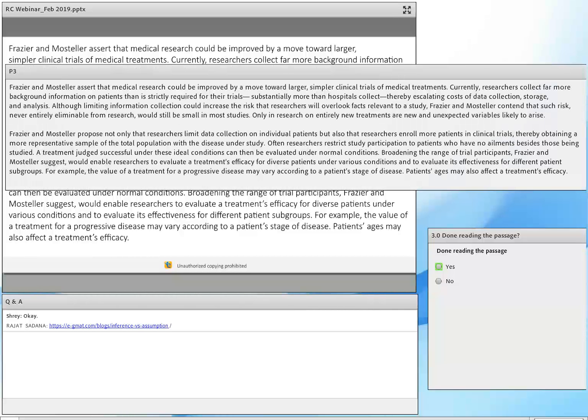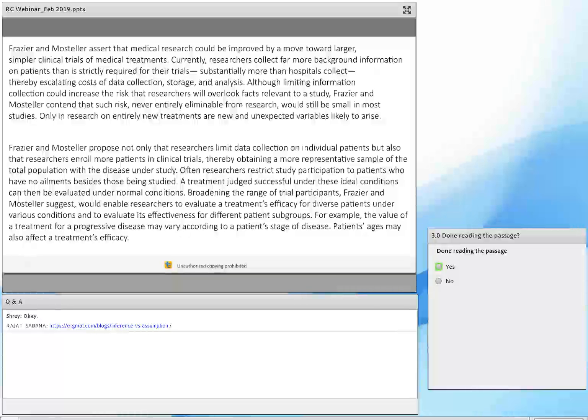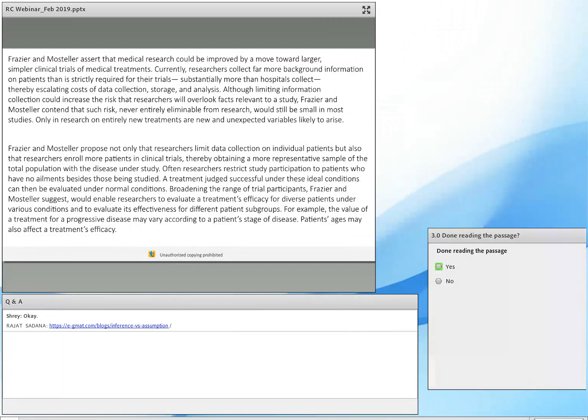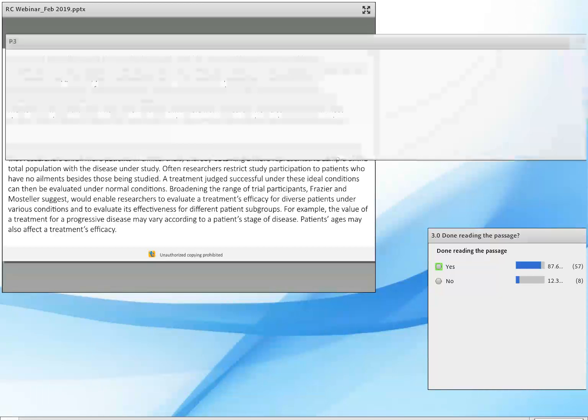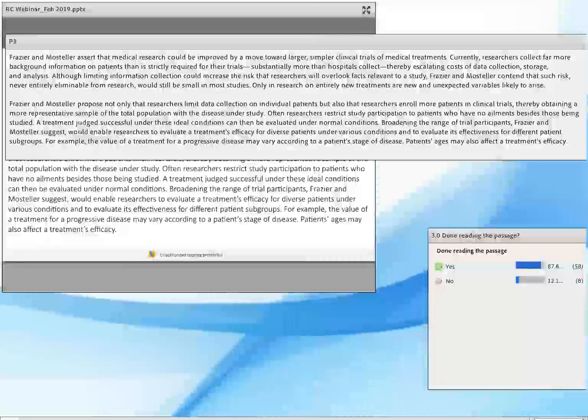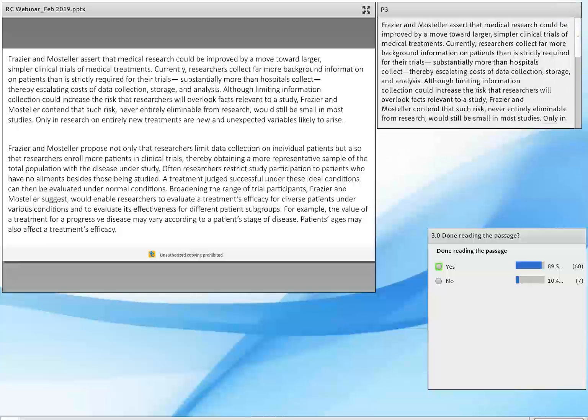Okay, let me move the passage over here. This is how you guys are done. I have the passage over here. Reduce the size of this, and you should be able to scroll up and down to read the passage over here.